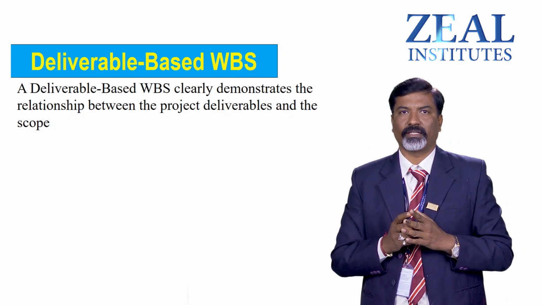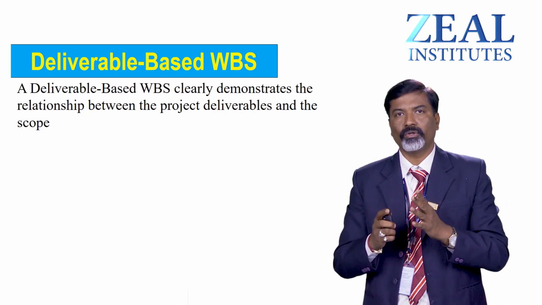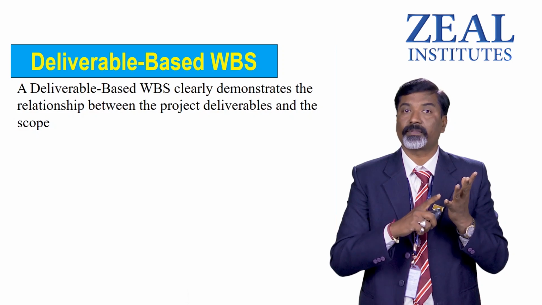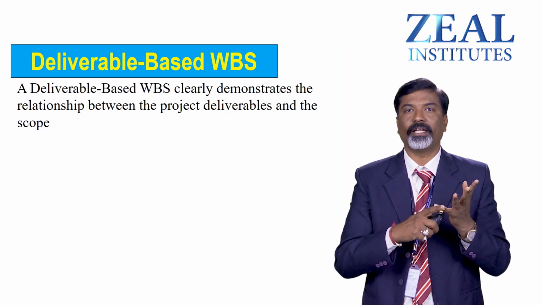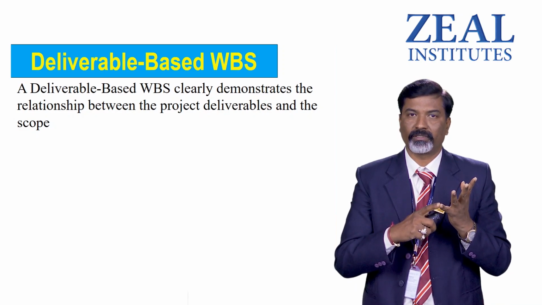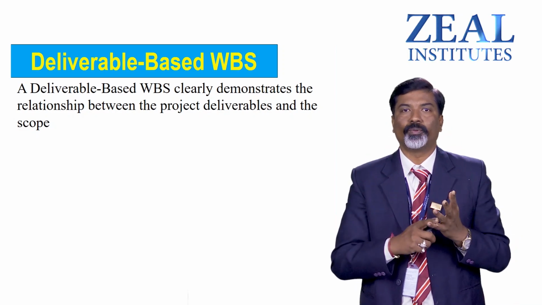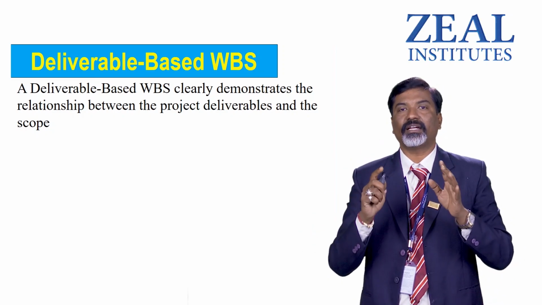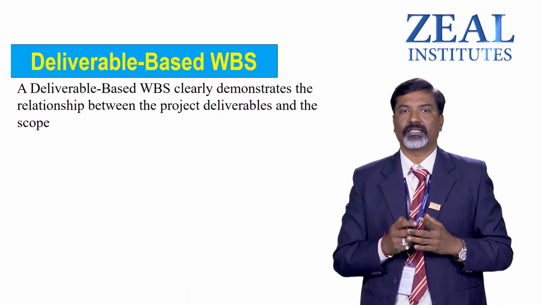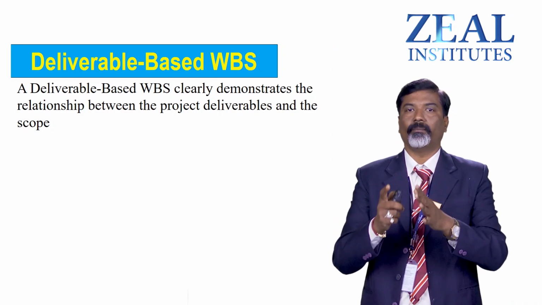For any project, we should know what the expectations are. Those expectations are nothing but the deliverables, the things expected by the end users. And how much scope you have to give for those deliverables. If you create a structure on that basis, then that structure is called a deliverable based work breakdown structure.